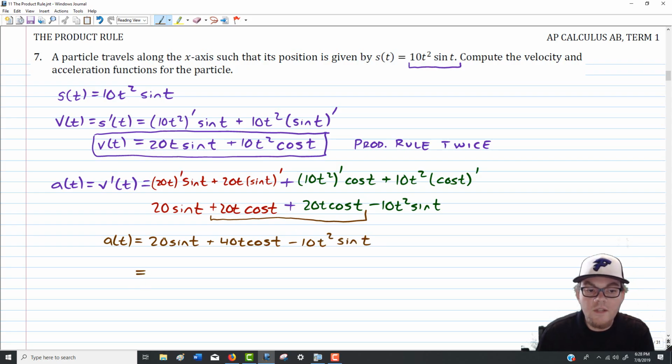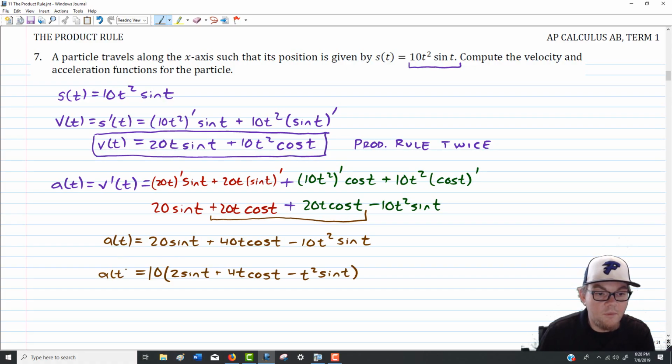And if that answer is not satisfactory to you because of the presence of a GCF, you could factor out the 10 and be left with 10 times the quantity 2 sine of t plus 4t cosine t minus t squared sine of t. That would also be an acceptable version of your acceleration.